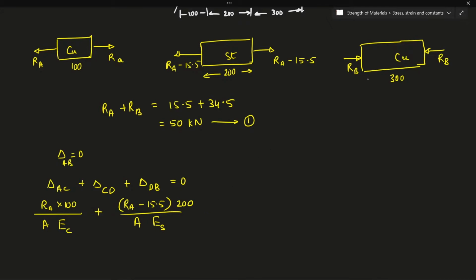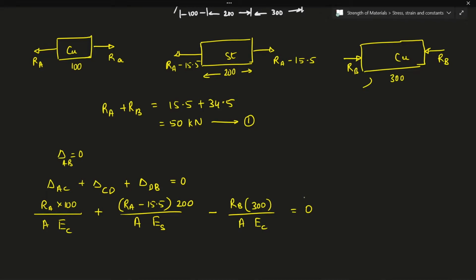Now for the third member we have compression, meaning the load will be negative, minus RB into the length 300 divided by A into EC, equal to 0.